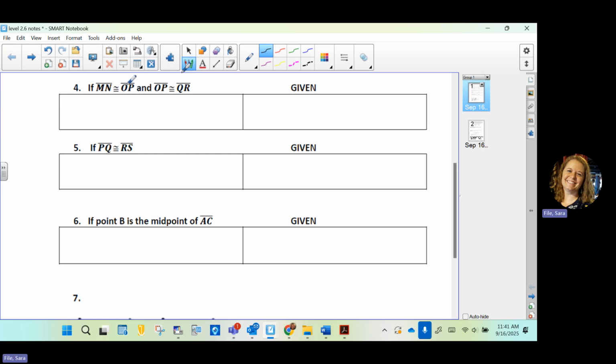So it says that OP is congruent to MN and OP is congruent to QR. So remember in the algebraic proofs yesterday, we said if A is equal to B and B is equal to C, then what must also be true?